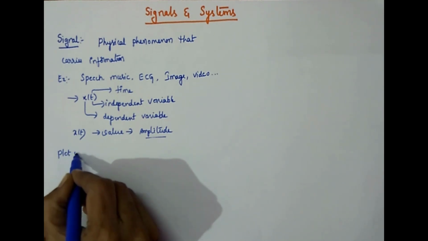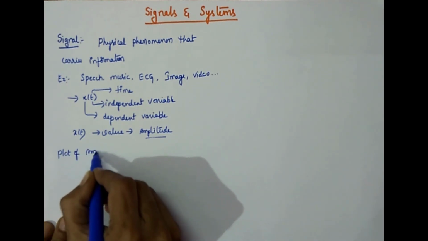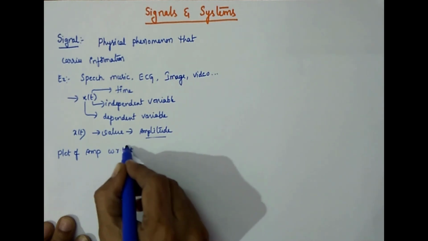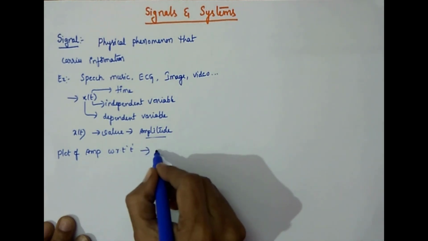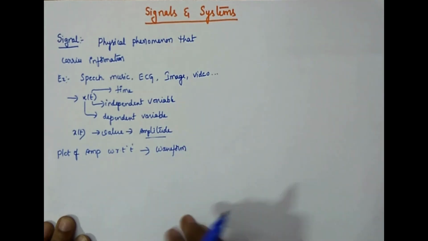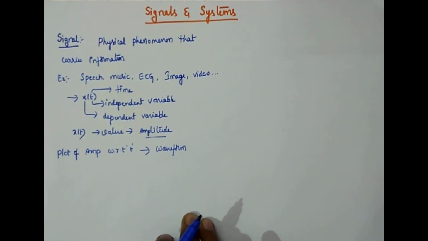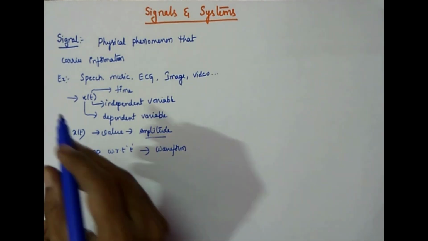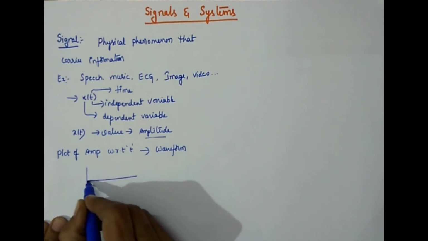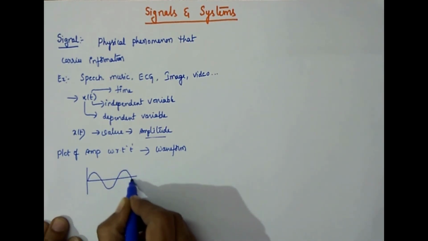A plot of amplitude with respect to t gives you the waveform. Suppose we take this signal, a normal sinusoidal signal.